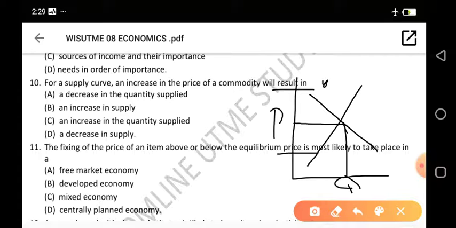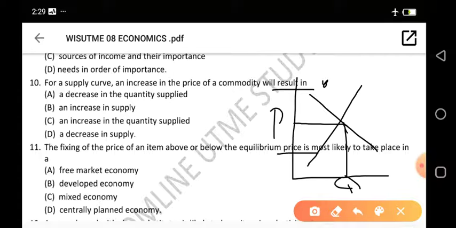So it's only government that can fix the price below or above the equilibrium point. Now, if government is involved, it shows that government is part of the sector.